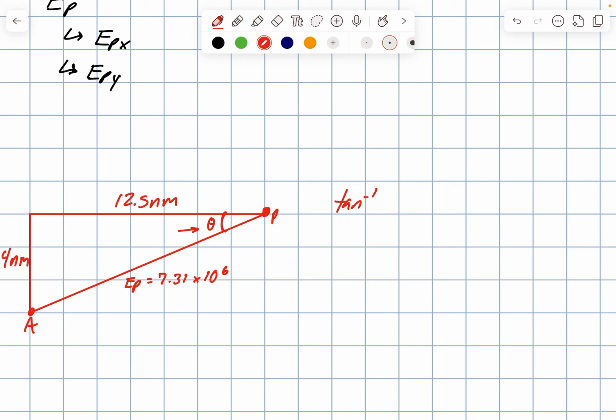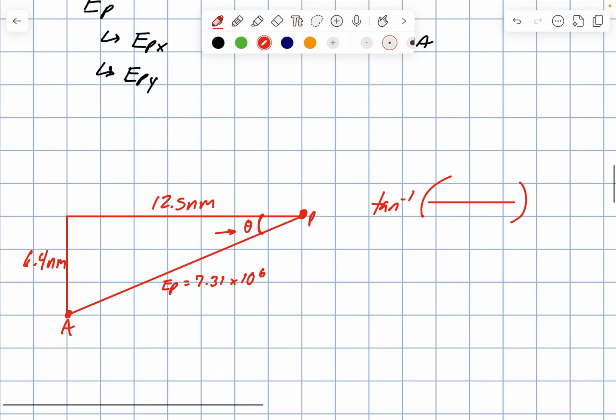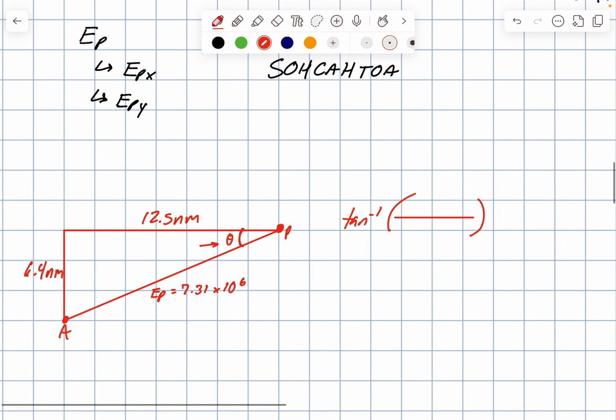You can enter this into your calculator, and this is a great opportunity to familiarize yourself with how to use these on your calculator because you're definitely going to want to know how to do that on the test. We're always going to do opposite over adjacent, so this is always a numerator, and this one's always a denominator.